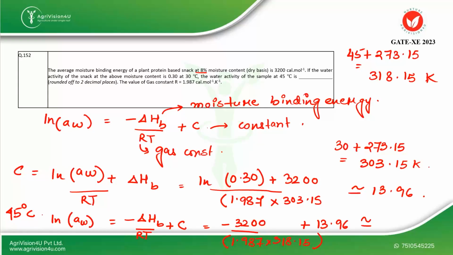So we'll get an approx value of 0.33. Therefore the water activity of the sample at 45 degrees Celsius is approximately 0.33.